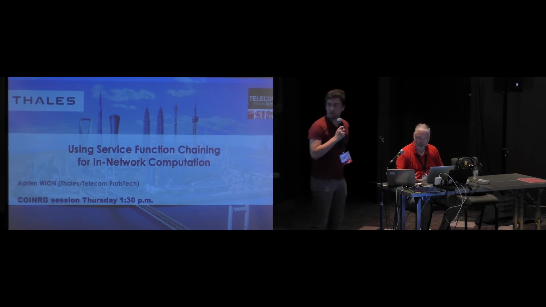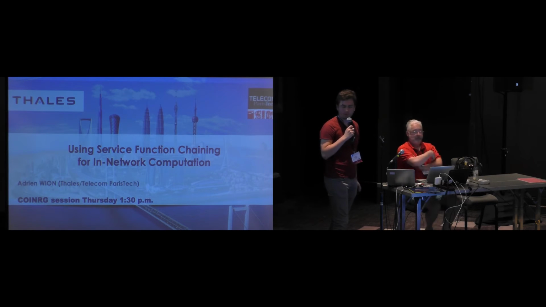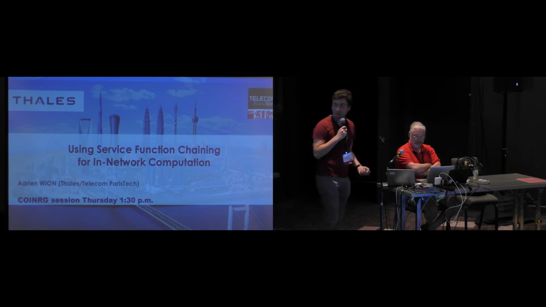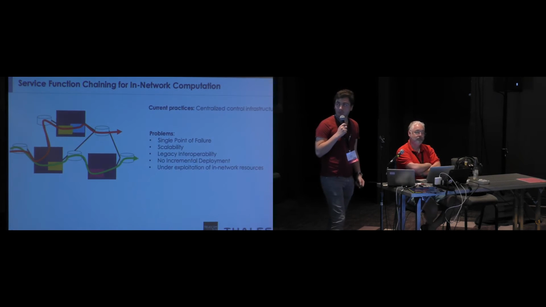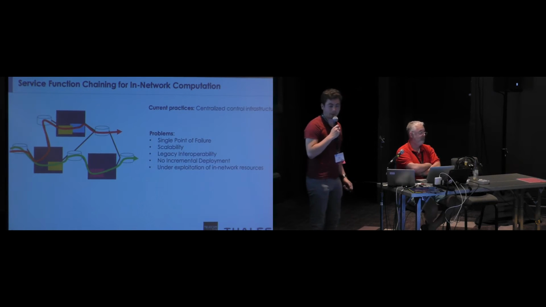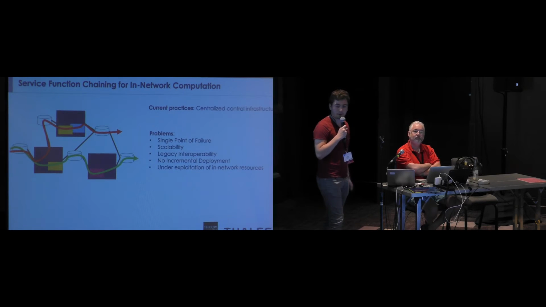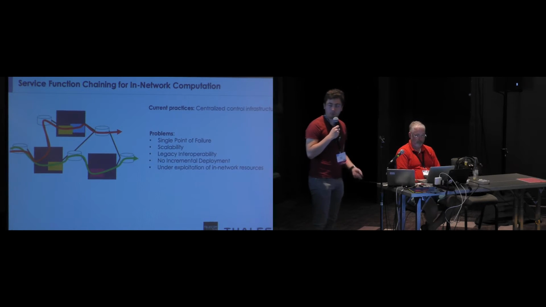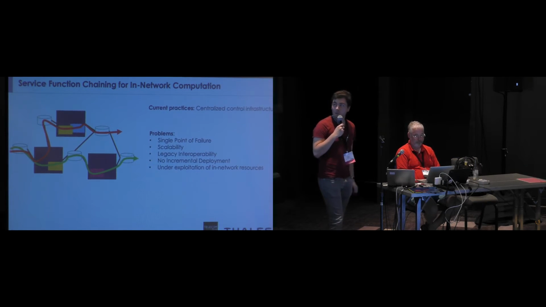Thanks. Hi, I will present a work showing that we can leverage existing network intelligence to build service function chains. In most existing deployments, service function chains are controlled by a central control point, which computes the ideal placement of virtual functions such as the IDS and firewall, and the flow path that goes through them, raising some problems since it creates a single point of failure in the network, and scalability issues.